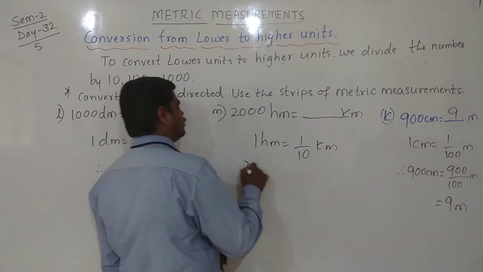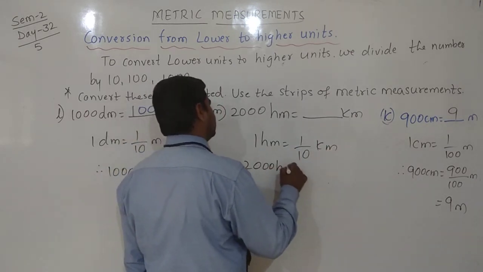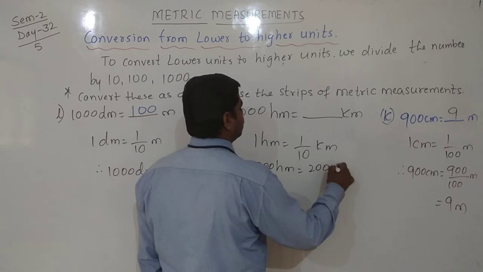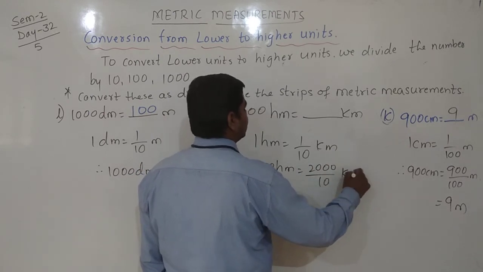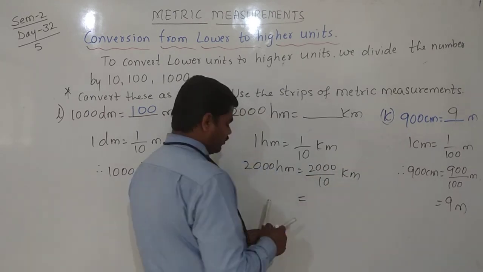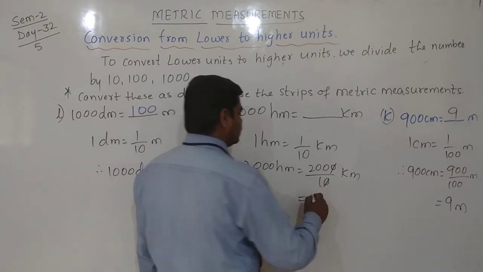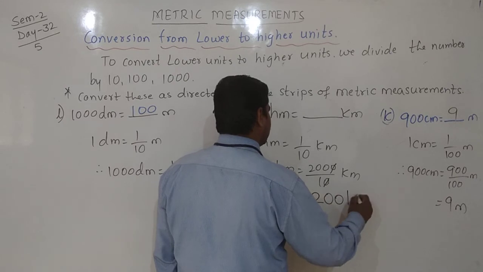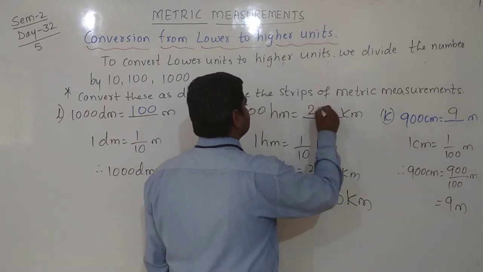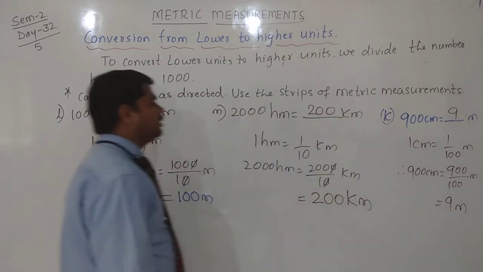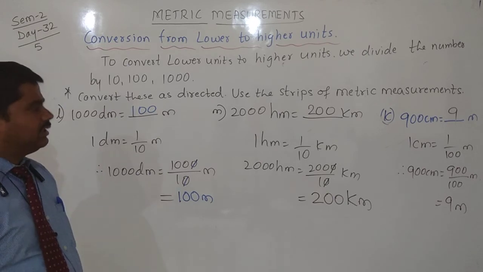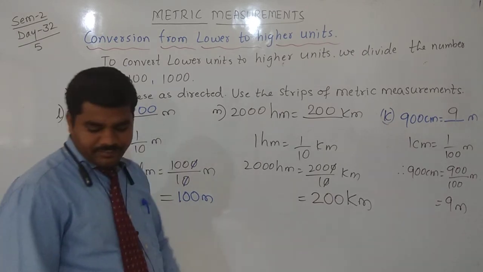Then we can write 2000 hectometer is equals to 2000 by 10 kilometer. Then the zeros cancel, both the numerator and denominator. 200 kilometer is the answer. What is the answer? 200 kilometer is the answer.